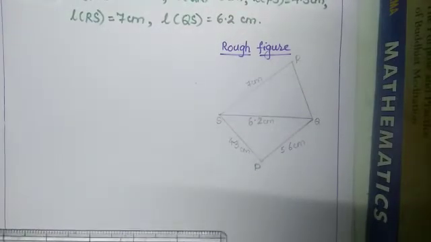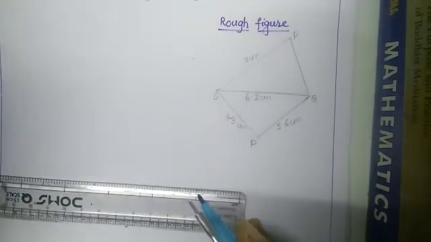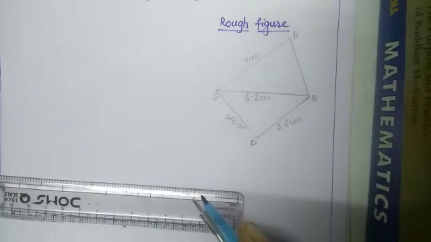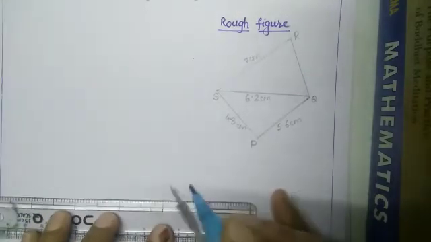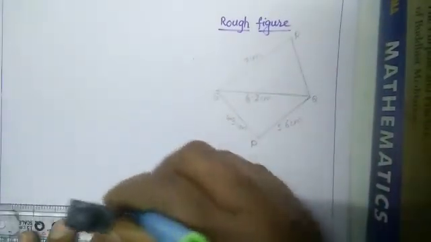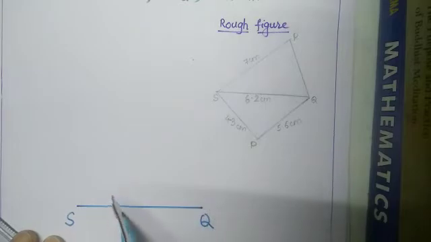Now to construct the quadrilateral, for that purpose we will take the base as 6.2 cm. So let us take the 6.2 cm base. What is the name of it? It is S and this is Q. So here we have taken 6.2 cm.